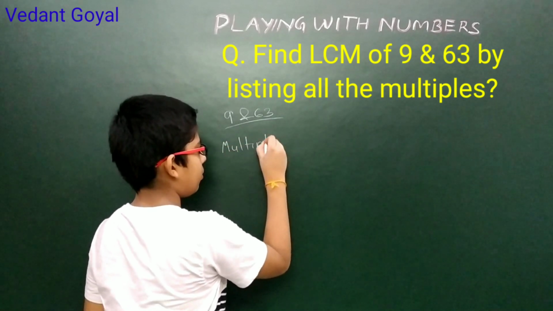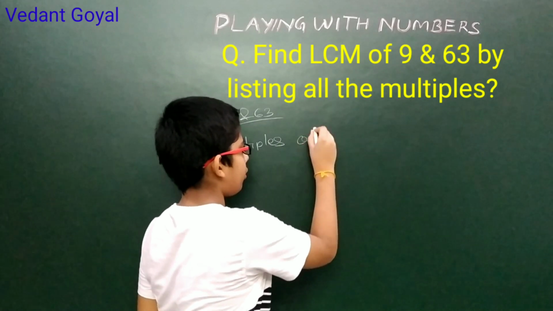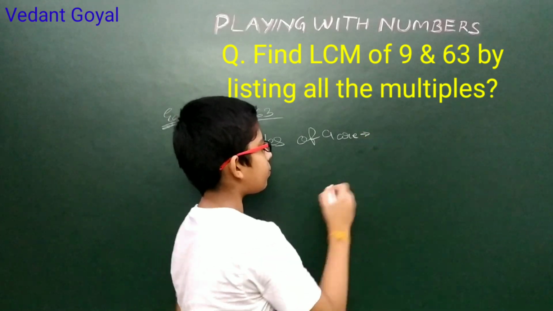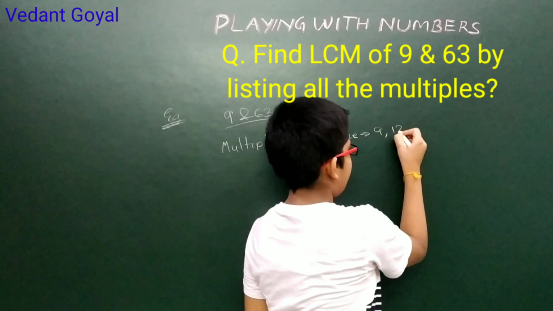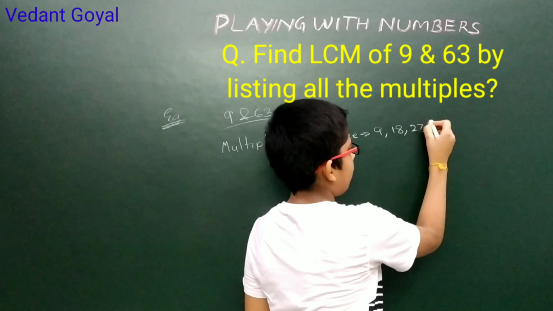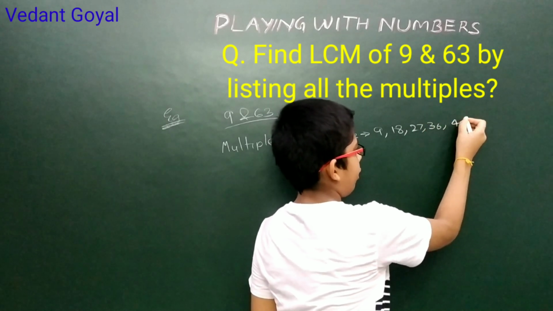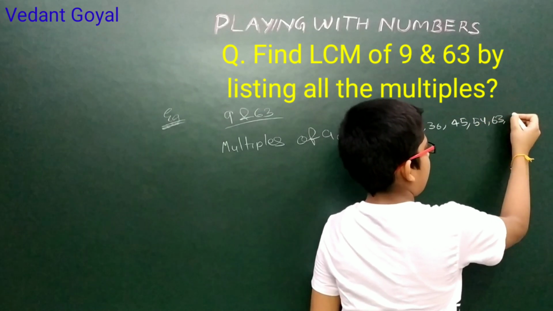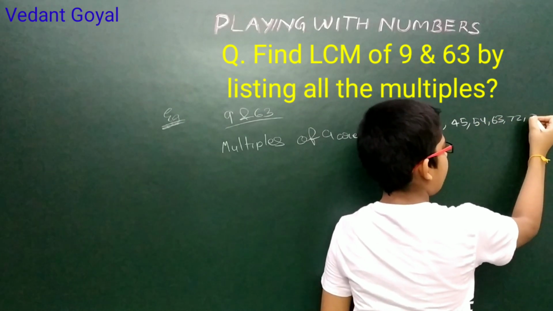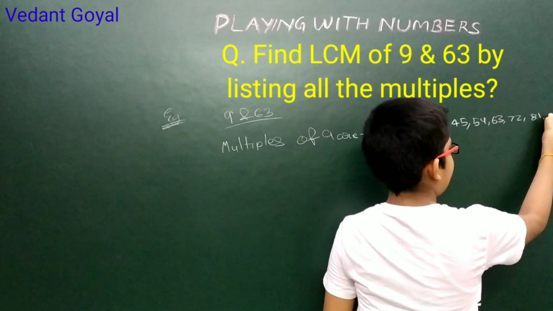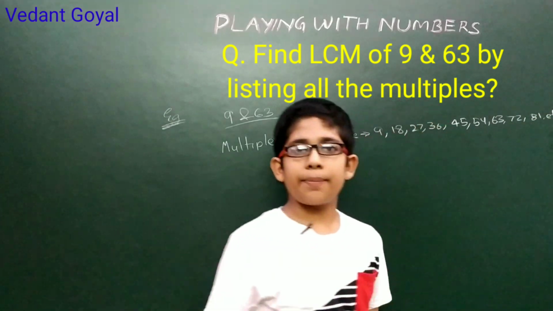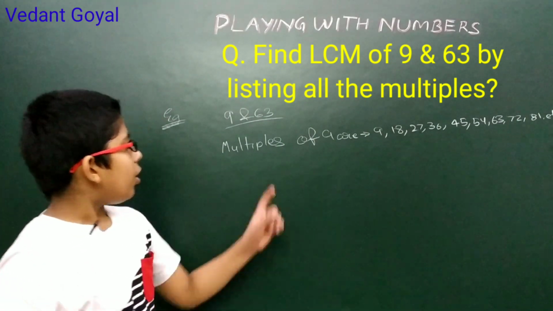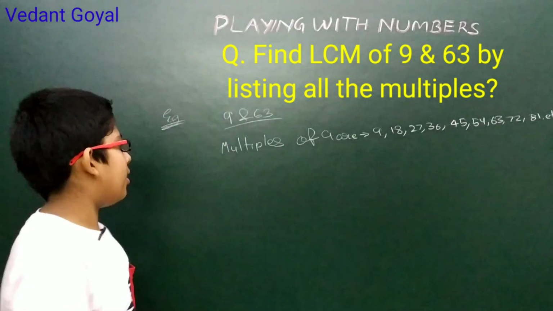The multiples of 9 are 9, 18, 27, 36, 45, 54, 63, 72, 81, and etc. So the multiples are infinite. We will write till here only, and then we have to find the multiples of 63.